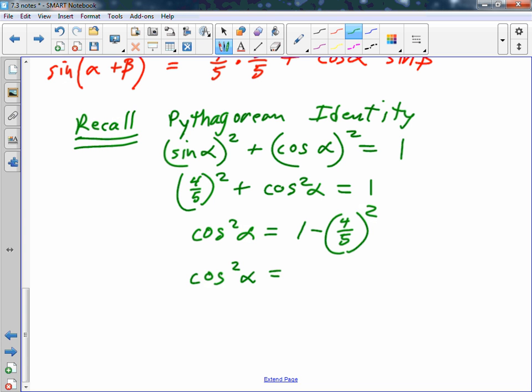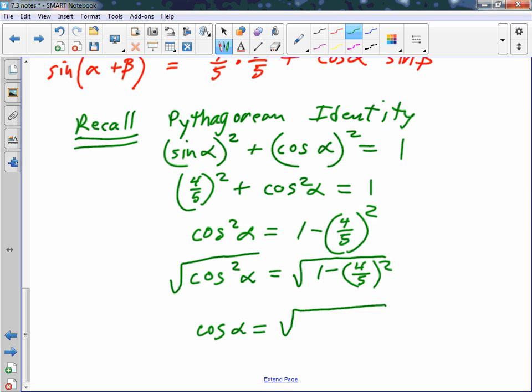Yeah, that'll totally work. I can do this, and I can do this. 1 minus 4/5 squared. And then I get cosine alpha equals the square root of, let's go 25/25 minus 16/25.